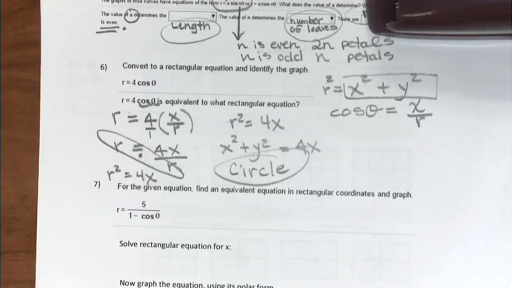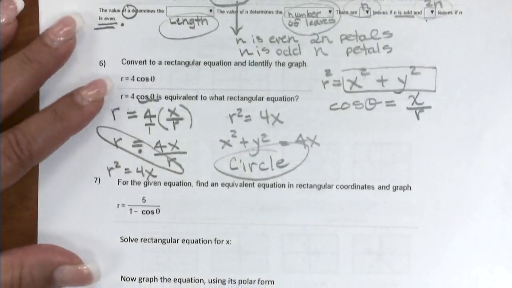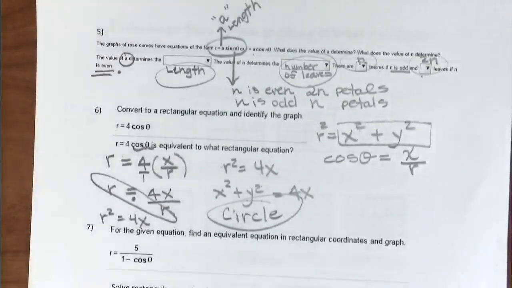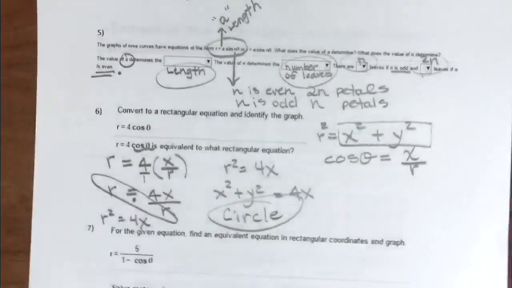Well, there's two things you can try to get to this answer. You can either try to replace this with x over r, and if that starts to get nasty looking, you make the decision whether it's getting worse looking or better looking. Or you could just jump right into the cross multiplying step where you go r times 1 minus cosine theta. See which one works. Let's see. I'm going to try both of them.